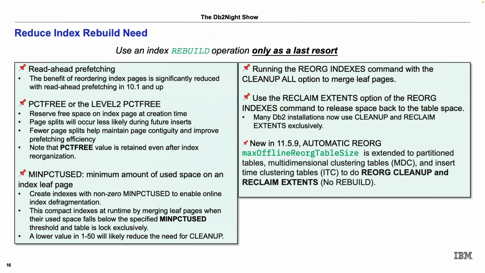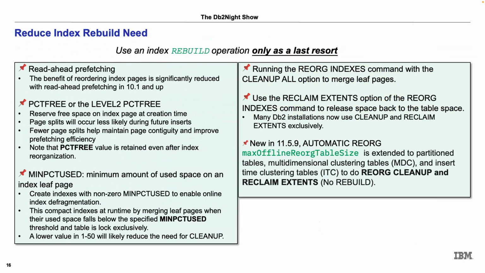All right, since rebuild is the most aggressive and disruptive index reorg, it should be the last resort, and there are ways to avoid it. Read ahead prefetching is better in recent versions, so it doesn't need to reorder pages to get a performance boost. Next, you can try PCTFREE or LEVEL2 PCTFREE when creating an index.